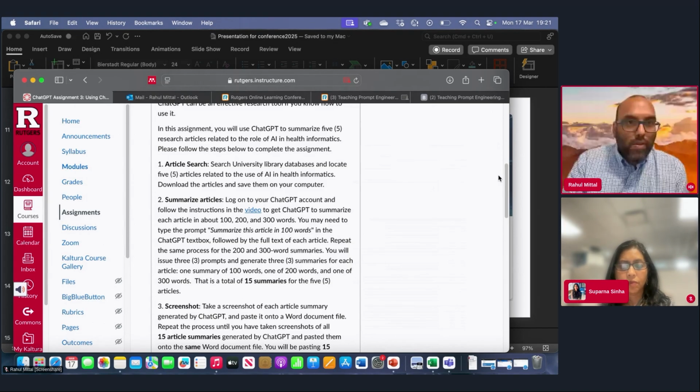At the same time, we made sure that they were working with the library staff to find articles relevant to their research question. And then we were teaching how to summarize them and extract information that was relevant to their research question.